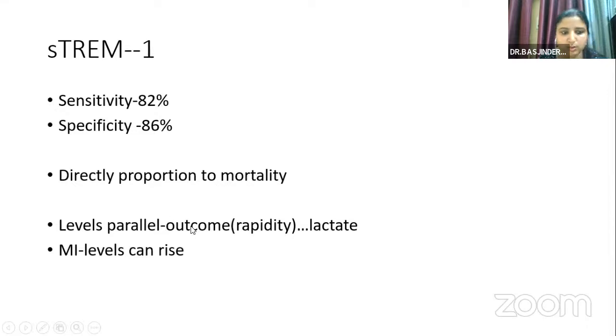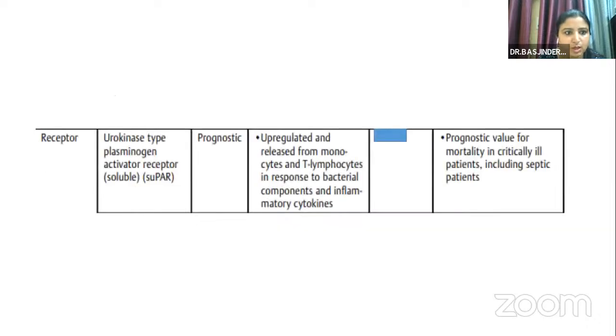And the good thing about it is that its levels parallel the outcome, that is, rapidity. It is similar to lactate. As the lactate rises rapidly, we can say the patient is deteriorating. When the lactate gets cleared rapidly, we can say that our intervention is working. In the same way, STREM1 levels also parallel the outcome. But in myocardial infarction also, the STREM1 levels can rise. So we should be vigilant.